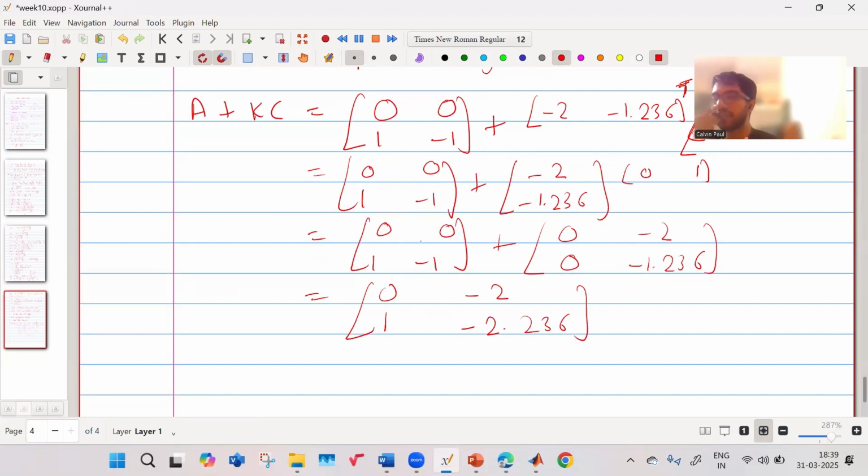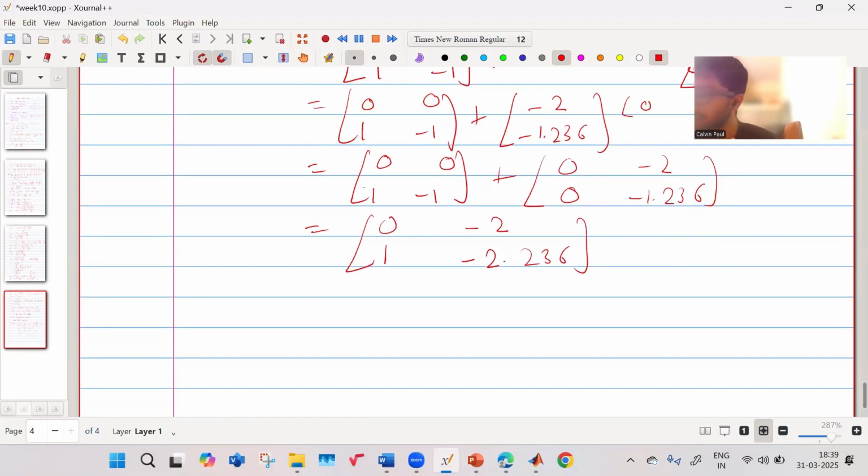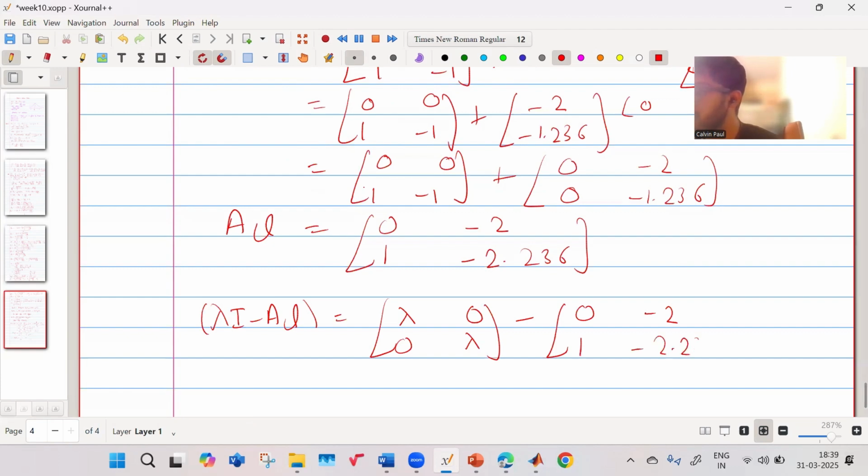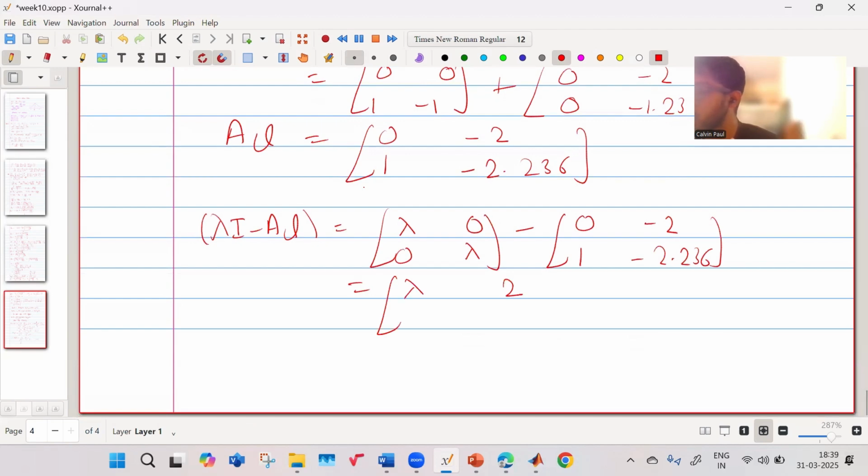Let us find the eigenvalues of this. This is A plus lambda I, equal to lambda, 0, minus 1, lambda plus 2.236.